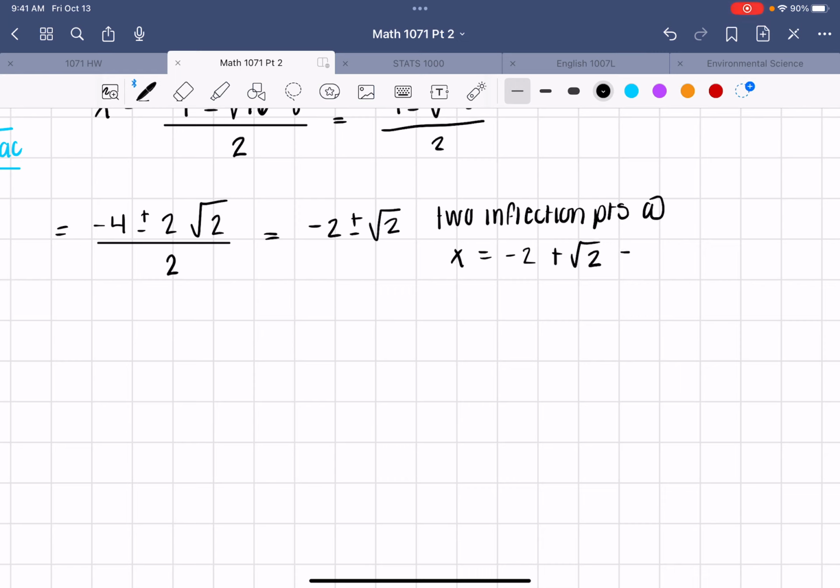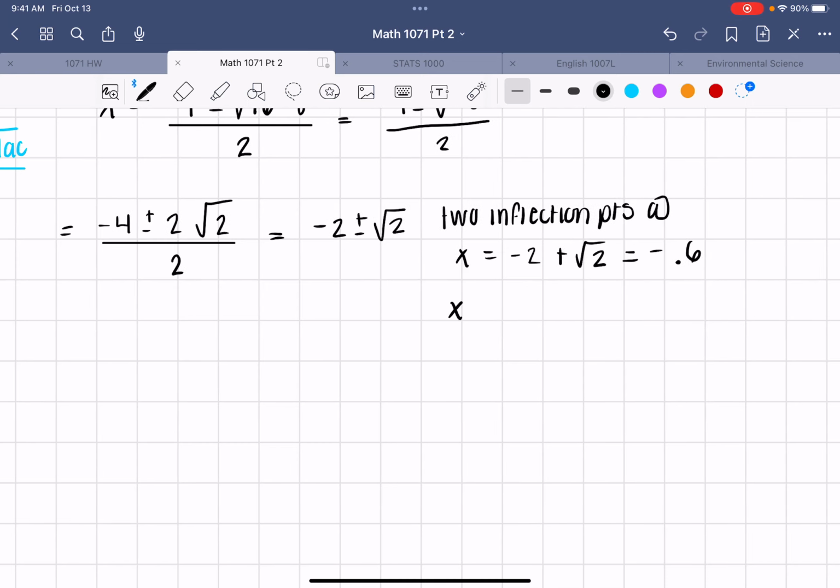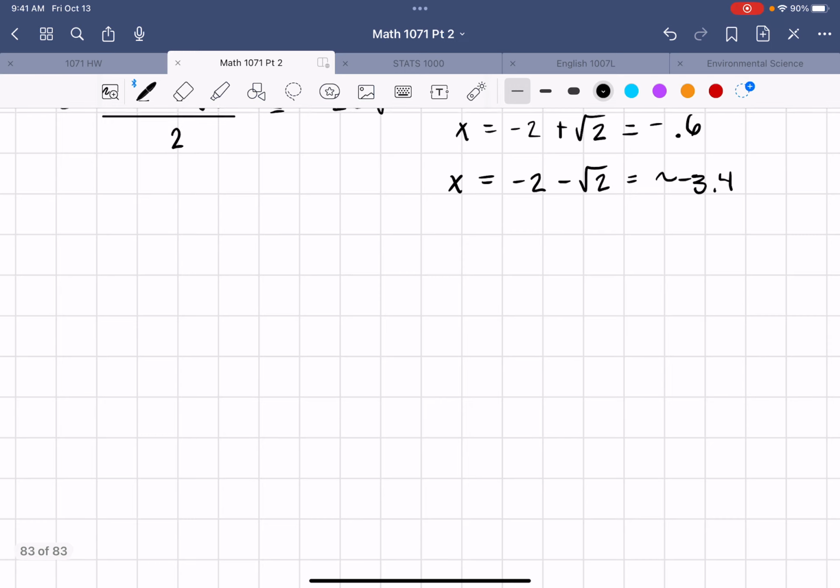We've got concavity intervals, over which I'm going to test the second derivative. So, left of negative 3.4, between negative 3.4 and negative 0.6, and to the right of negative 0.6.